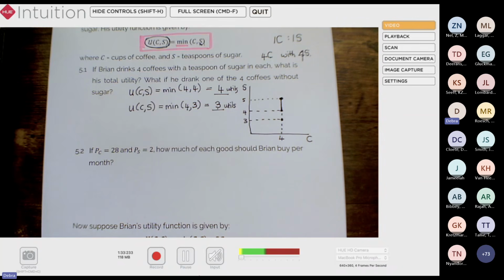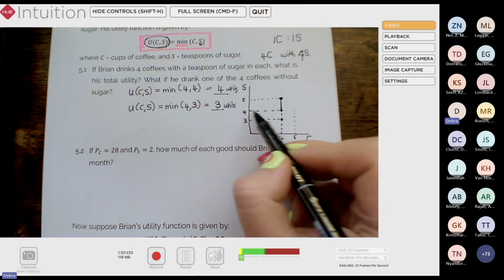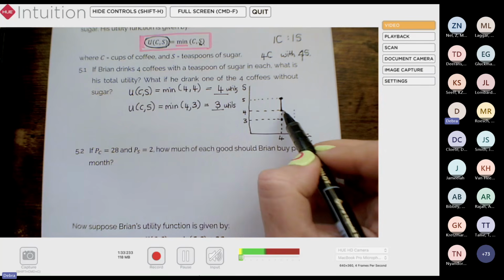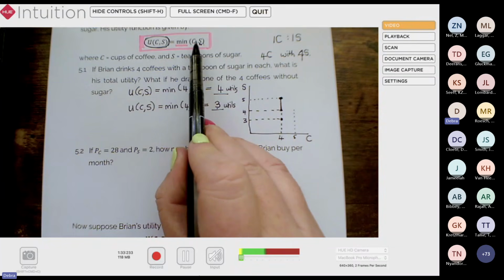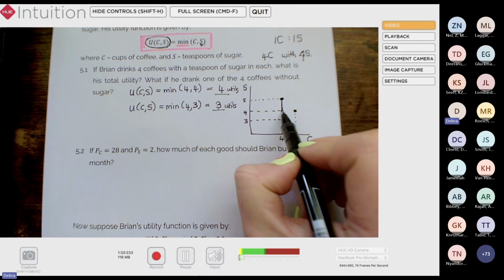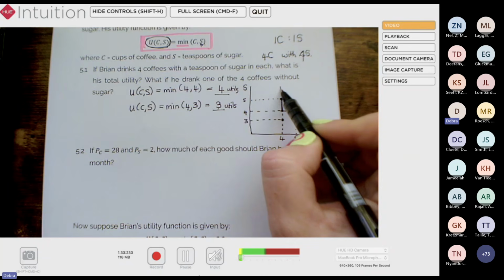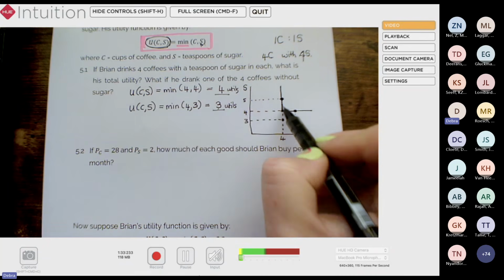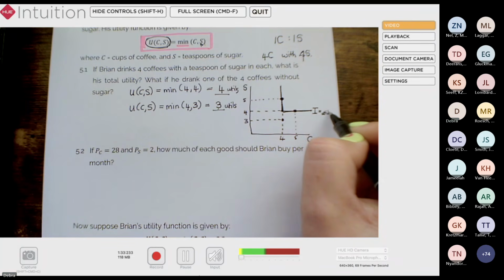If he drank 5 cups of coffee and he only had 4 teaspoons of sugar, so one of those cups of coffee has no sugar, he would still get the minimum of 5 and 4, which is 4. So this would also be the equivalent of getting a utility of 4 utils. So that is also on the same indifference curve. We can see that indifference curves for perfect complements have these right-angled shapes. This indifference curve represents a utility of 4 utils.